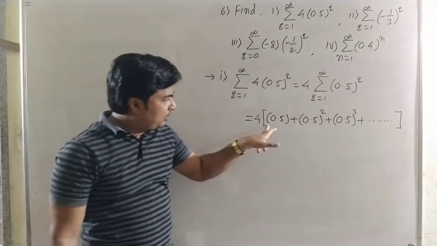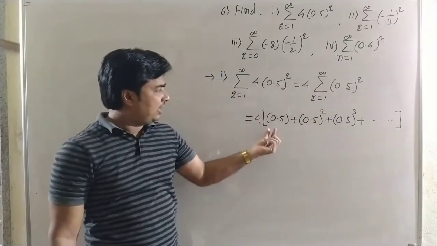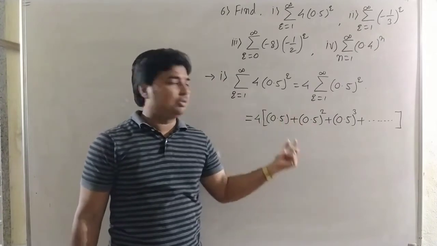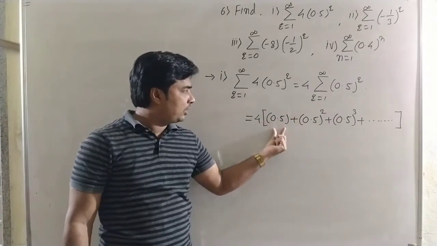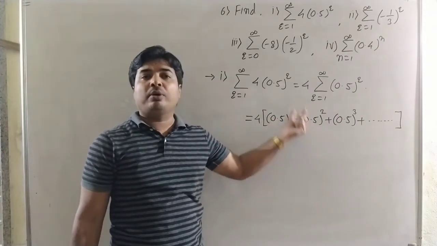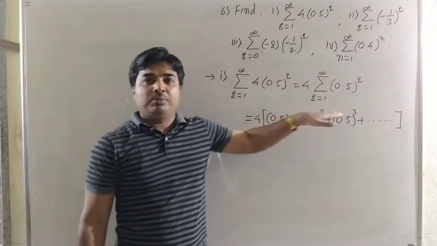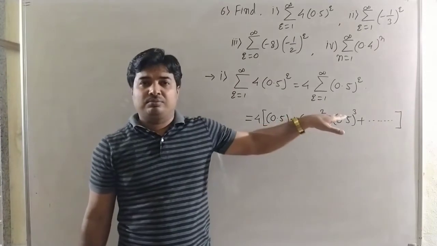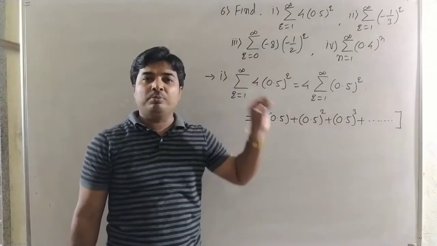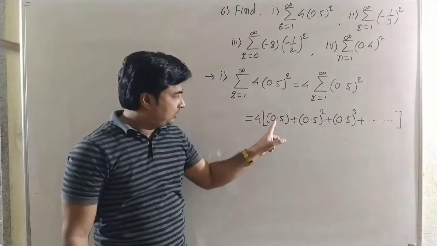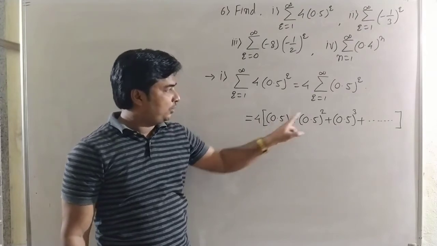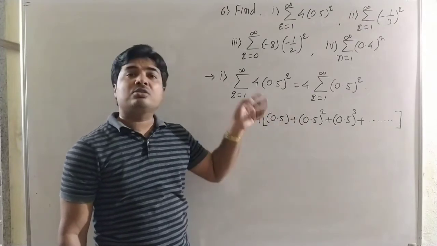Now see carefully this series. We can write this series in the form of a sequence. The first term is 0.5, the second term is 0.5 square, the third term is 0.5 cube. That means this sequence is a geometric progression with first term 0.5 and the common ratio is also 0.5.